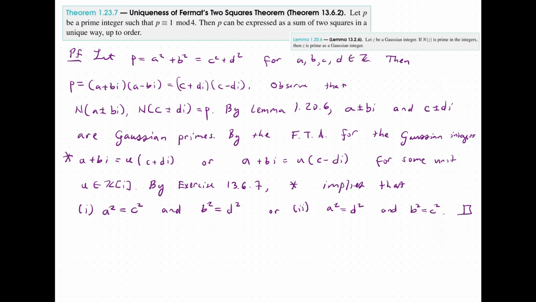And that finishes the proof, because now what we have is that up to order, in this case A and C are the same, A squared and C squared are the same, B squared and D squared are the same, so it's the same way of writing it, or we change the ordering. So A squared is D squared and B squared is C squared.